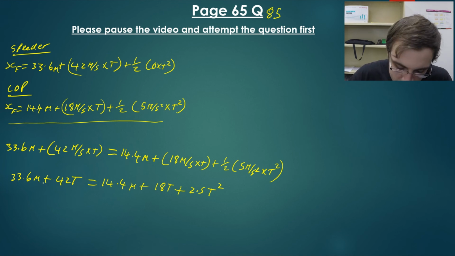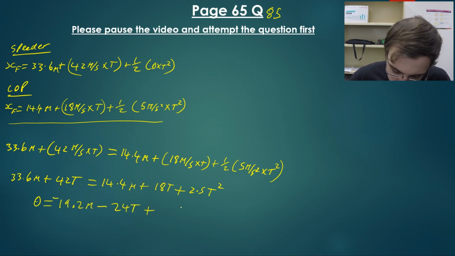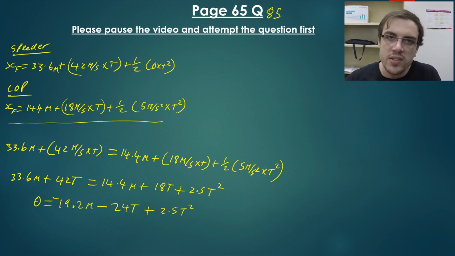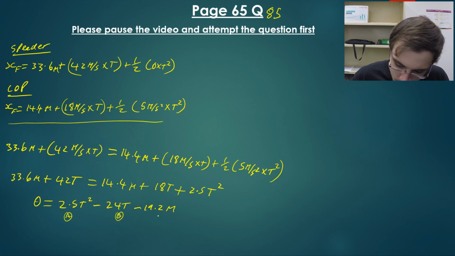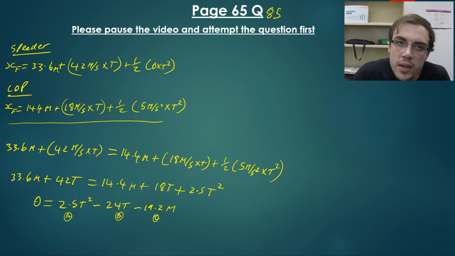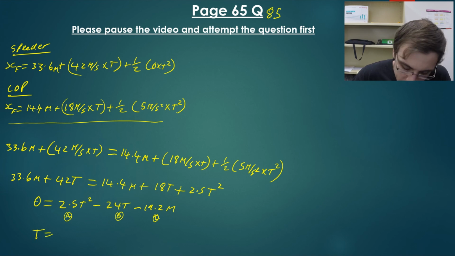So if we move these over, we're going to have 0 is equal to, now I'm just going to shuffle these around a little bit so that we've got our t squared, our t, and our known value, because that's going to be A, B, and C.